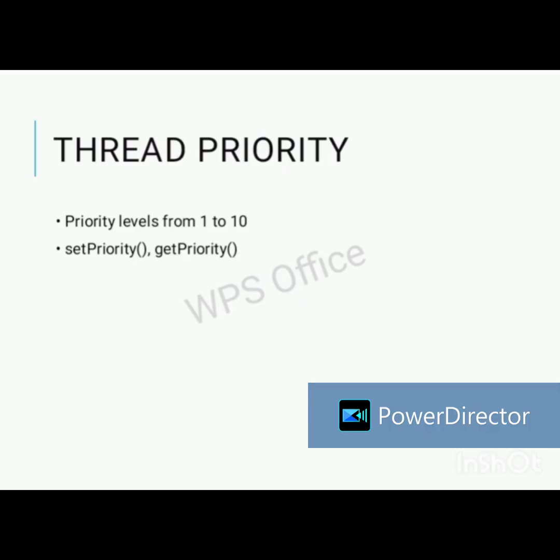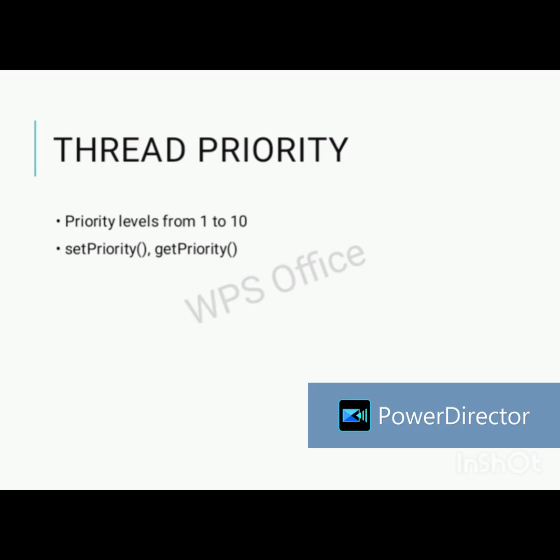Thread priority. Java allows each thread to have a priority, which will influence the order in which threads are scheduled for execution. Priority is an integer ranging from 1 to 10, with 5 being the default value. Thread priorities are used by the thread scheduler to decide which thread should run when multiple threads are in the runnable state.